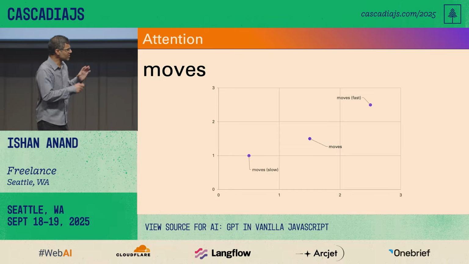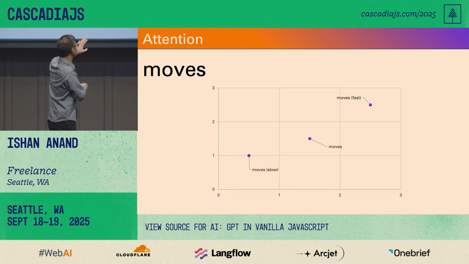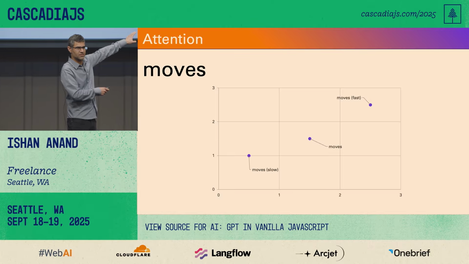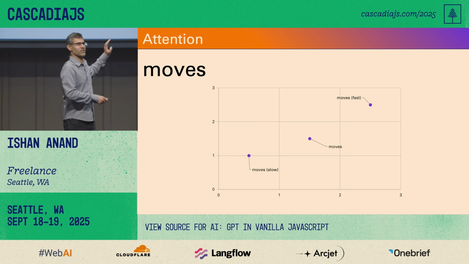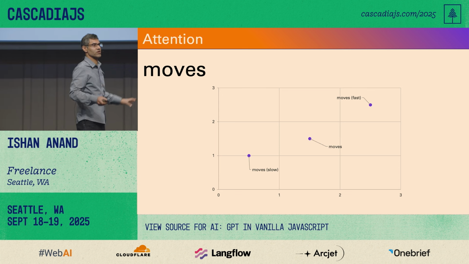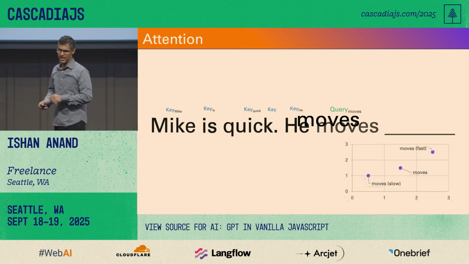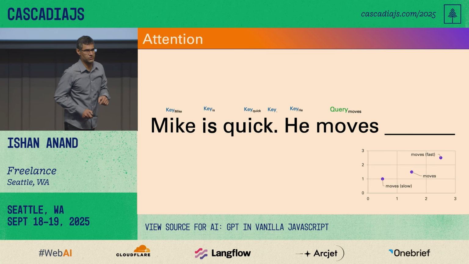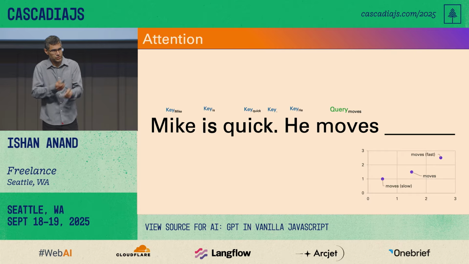And so you can imagine there's a point in this space near to moves that represents moves in the context of rabbits, and there's another point in space, moves in the context of slow. If you will, think about this lower left one as moves when people are talking about slugs, and the upper right one is moves when it co-occurs with fast things like rabbits. And so what happens is, when these tokens are talking to each other, their embedding values are kind of getting transformed and intermixed into each other.